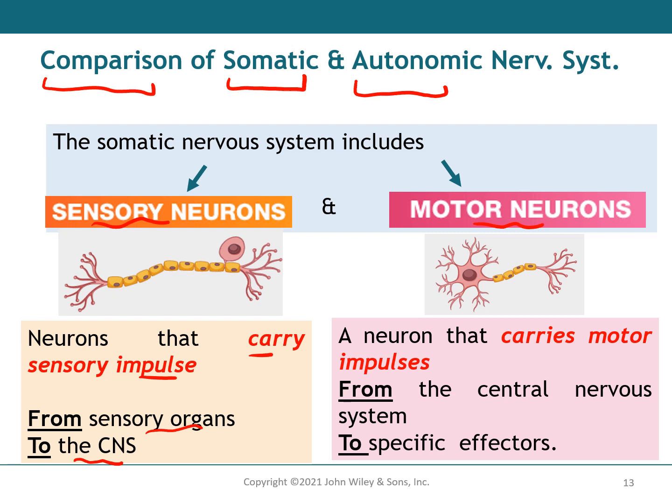And the motor neurons carry the motor impulses from the central nervous system, the brain or spinal cord, to specific effectors like the muscles in your body.